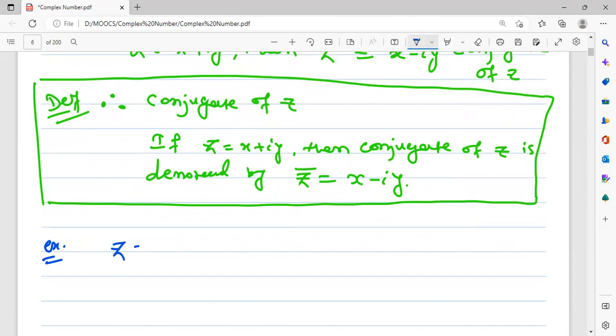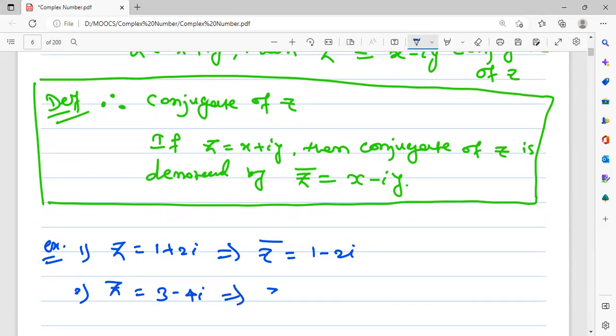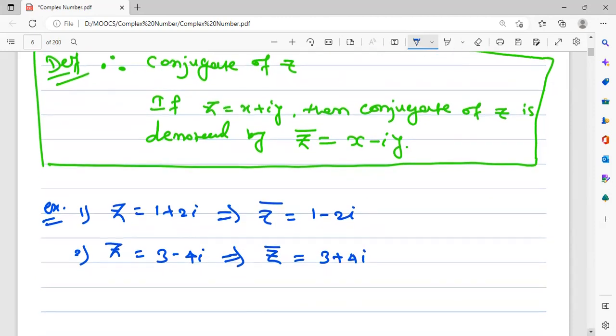Suppose my z is equal to 1 plus 2i. What is its conjugate? z bar is 1 minus 2i. If my z is equal to 3 minus 4i, then its conjugate z bar is equal to 3 plus 4i. I have to make a change in the imaginary part.